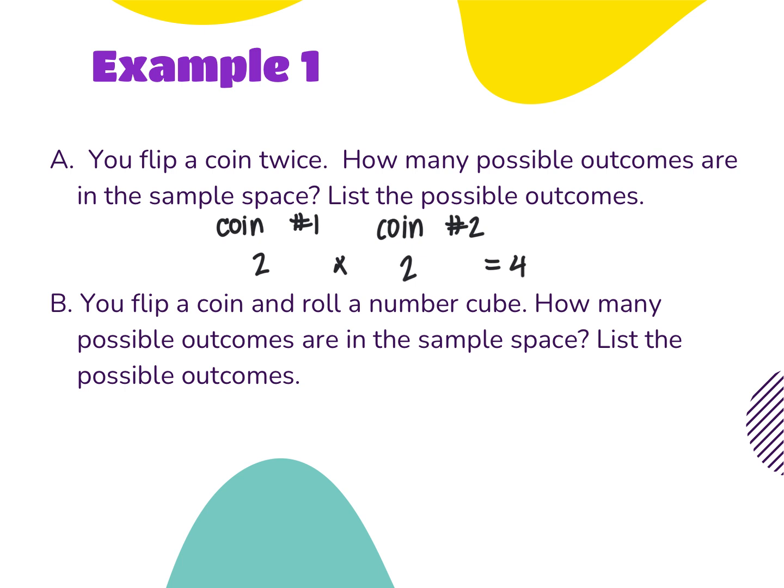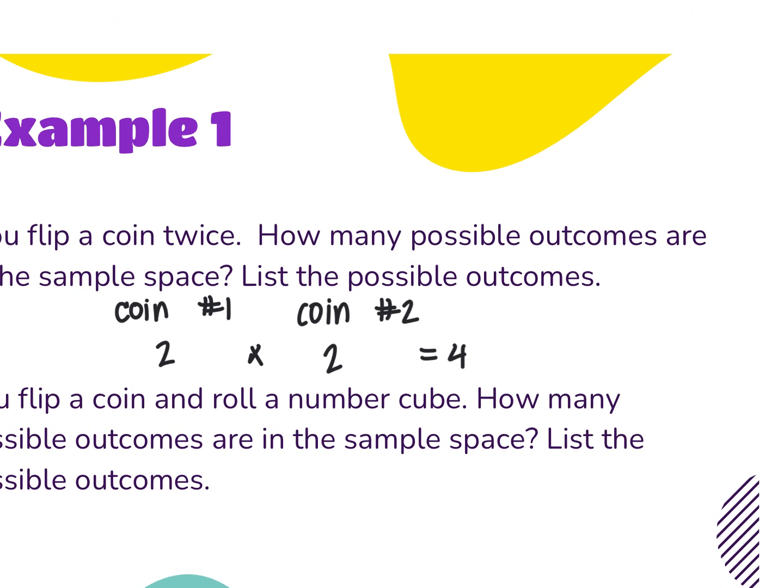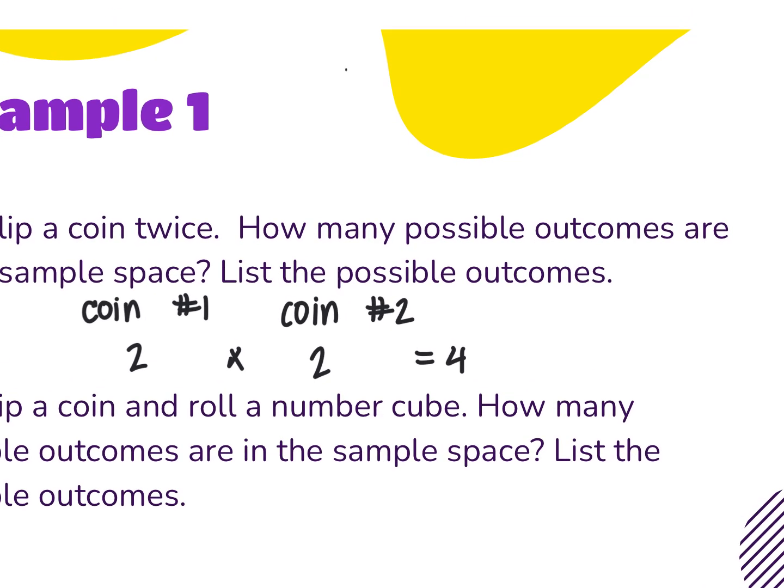Now, what are my possible outcomes? What are they? What can they be? Pay attention to how I'm writing it. My first coin, I flip it and I'm going to get heads and tails. Keep in mind, for my second coin, I can get heads and tails using my first flip. I can also get heads and tails using my second flip. So this is my branches.